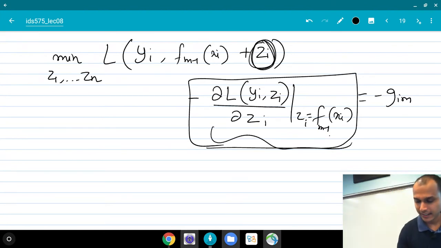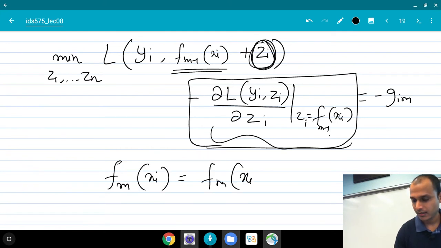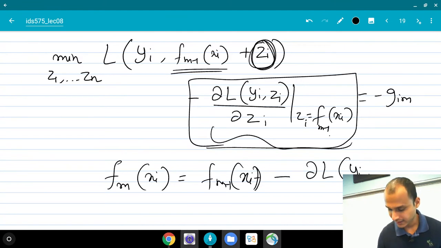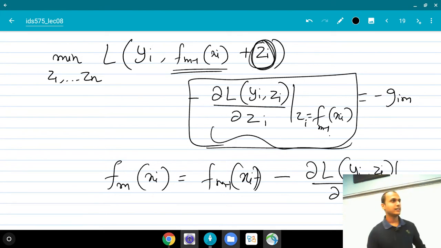So all we're saying is, for each observation, we're going to update fm at xi as fm minus 1 at xi minus the gradient of the loss with respect to the second argument, evaluated at zi equal to fm minus 1 at xi.